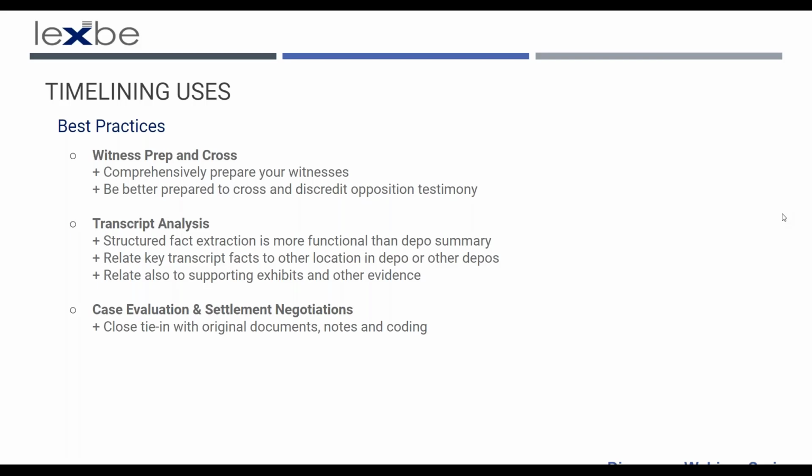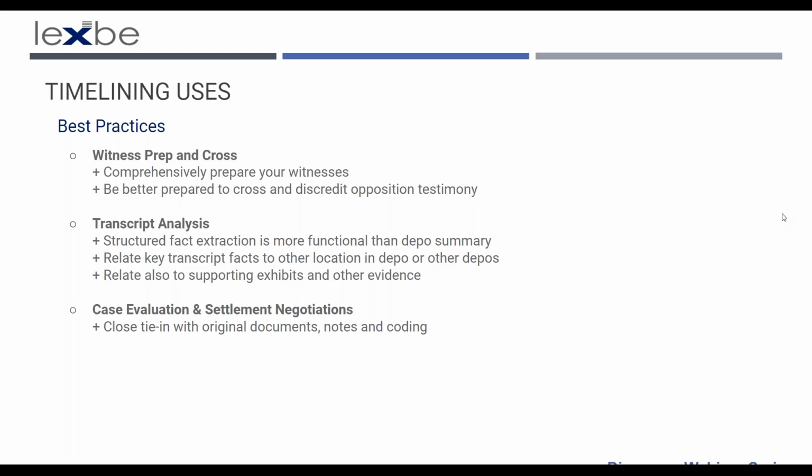Even if you're working in an e-tran where you can click and hop around to different pages, you're not getting the same benefit as using a timelining feature in an e-discovery software program, because by structuring the facts out of said deposition, you can then filter or even group together to view issues that could be addressed in different parts of a deposition and even in more than one deposition. So you can even compare and contrast multiple depo transcripts in a timeline.